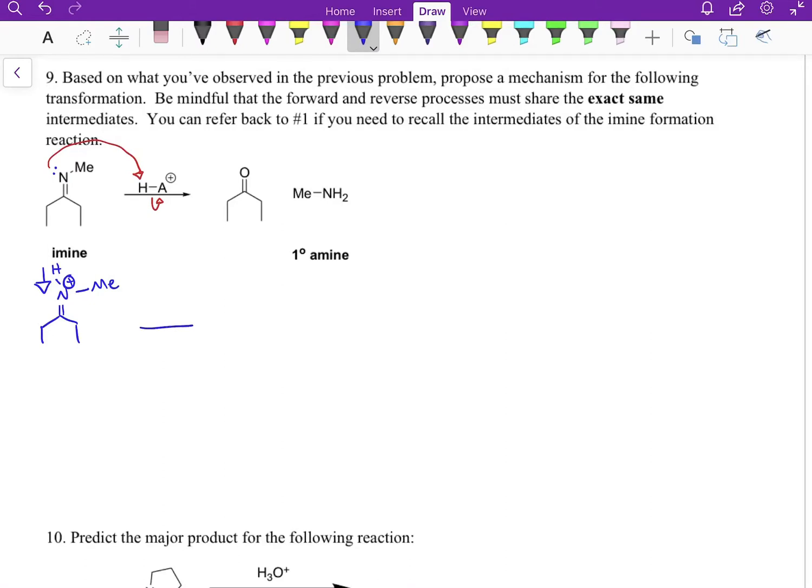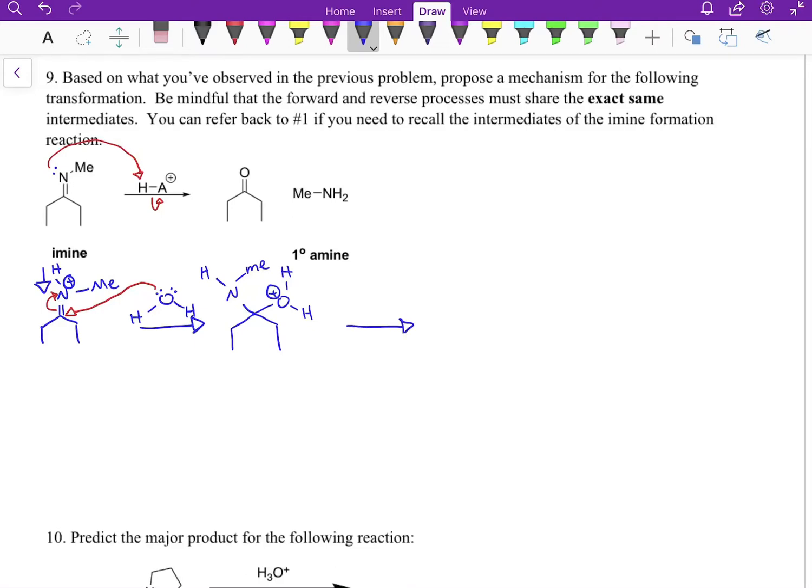So you need to get rid of the positive charge, and you're going to do that with water. So this is going to attack the carbonyl carbon, moving the electrons up. So now the nitrogen is neutralized, but now you have a positively charged oxygen.